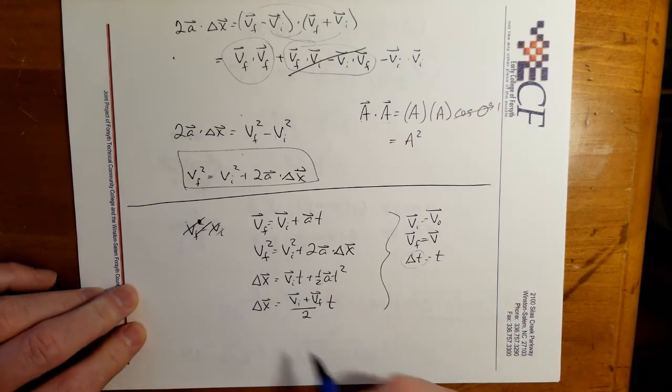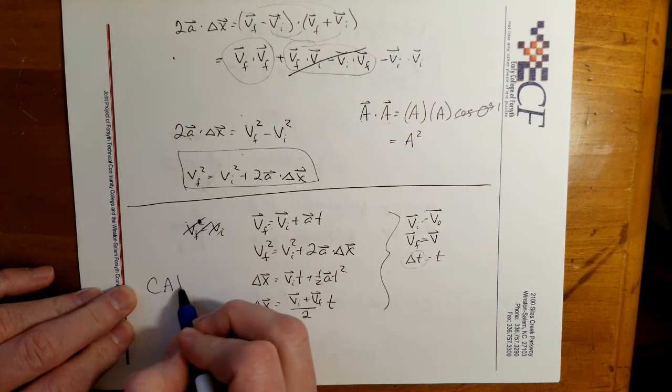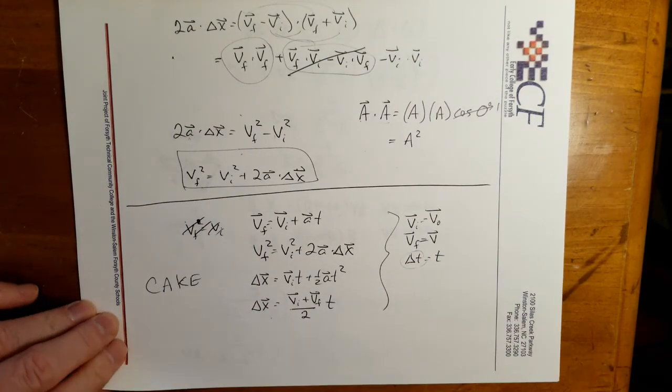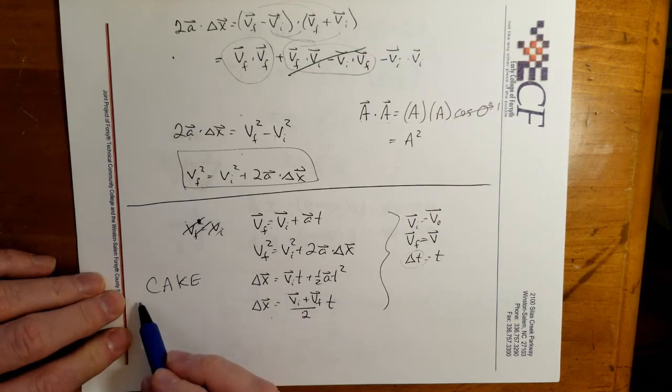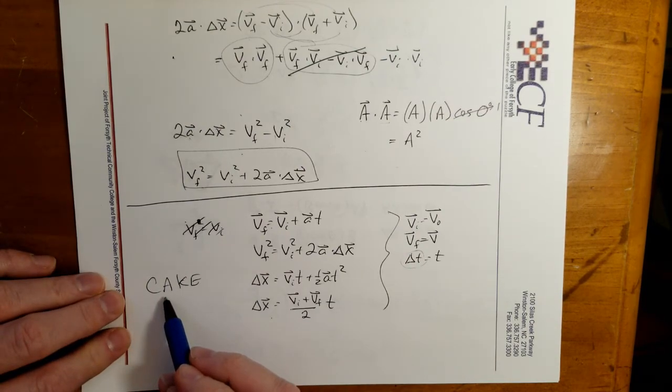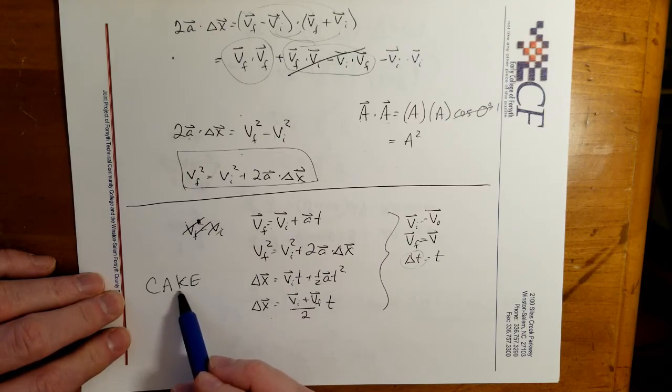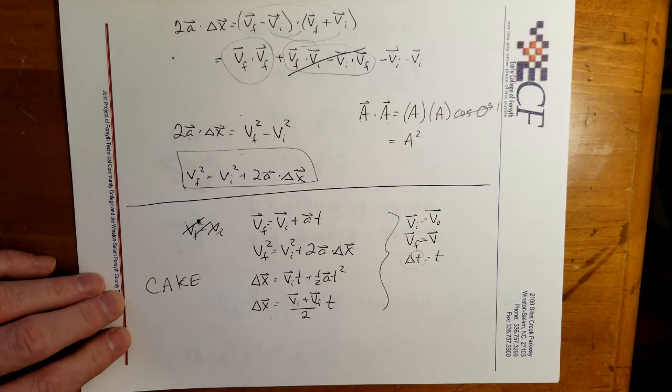And those are the cake formulas right there. Constant acceleration kinematic equations. Later on in the course, you'll have cake formulas, which are the angular constant acceleration kinematic equations, or sometimes I'll write it as constant angular acceleration kinematic equations, so CAAKE. There's an extra A in there. And so there it is.